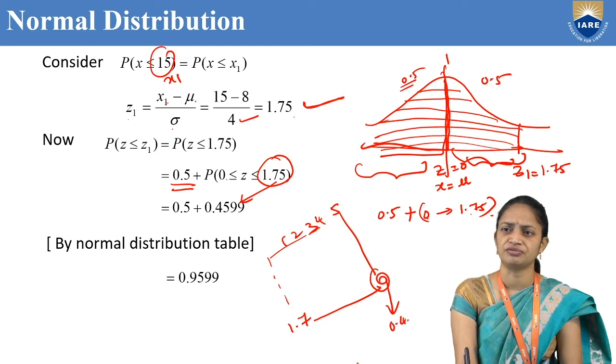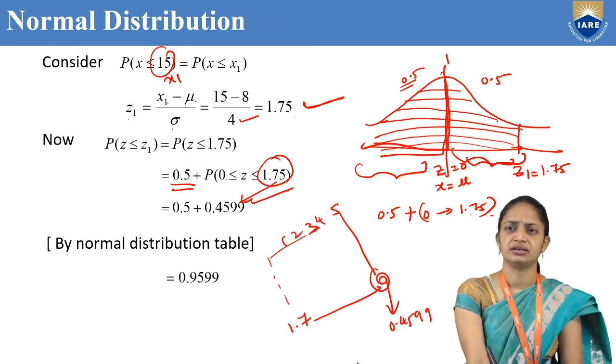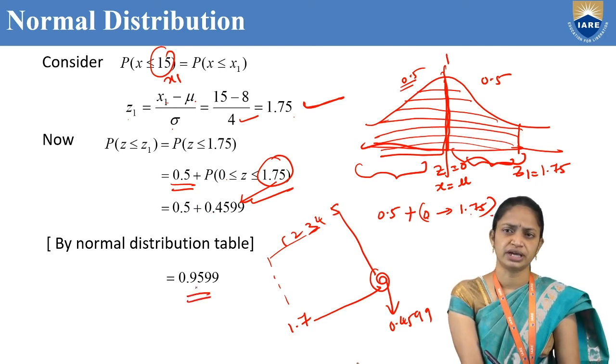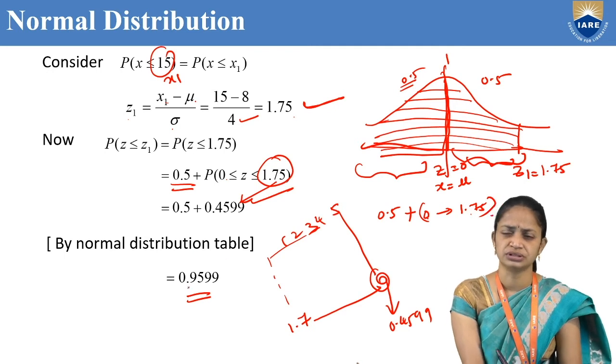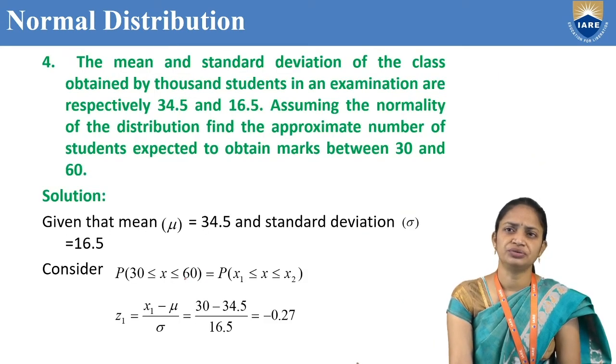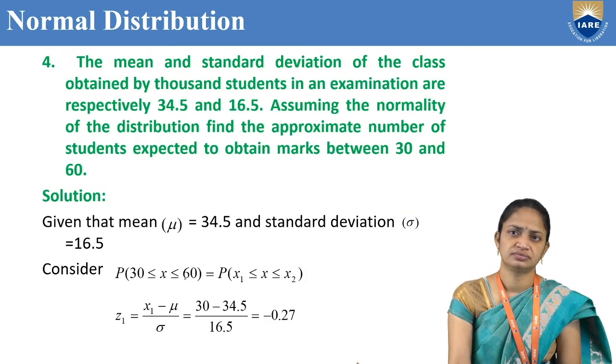That value is 0.4599. Okay, so 0.5 plus 0.4599. After adding these two values, we will get 0.9599.